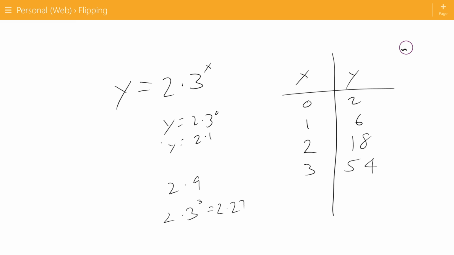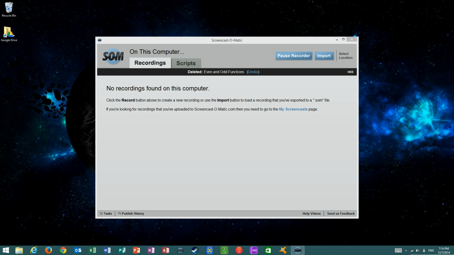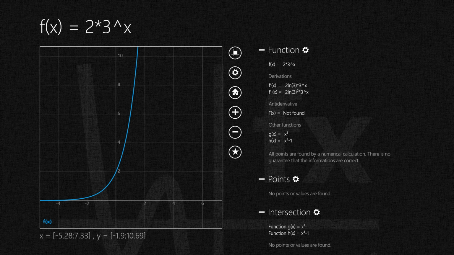So we see that exponential functions can increase, and they also can decrease quite rapidly. For example, here is 2 times 3 to the x, and we see it starts right around 2 when you plug in x equals 0, just as we expected.